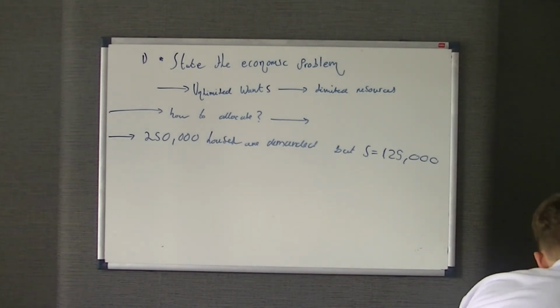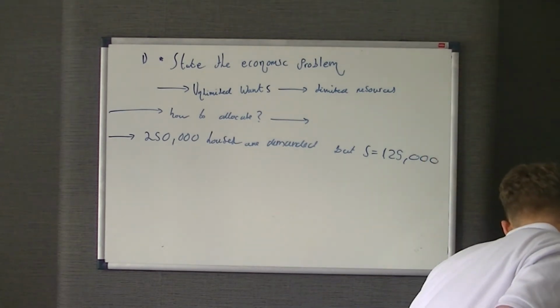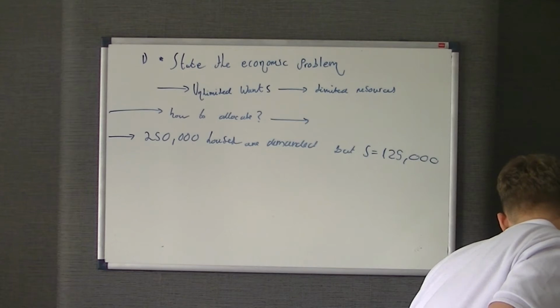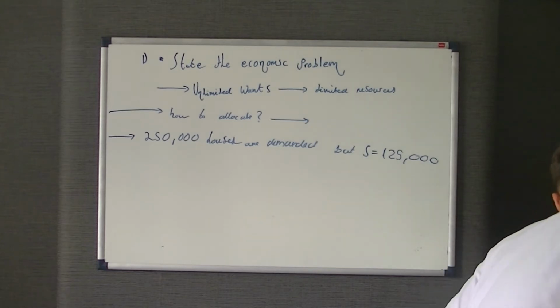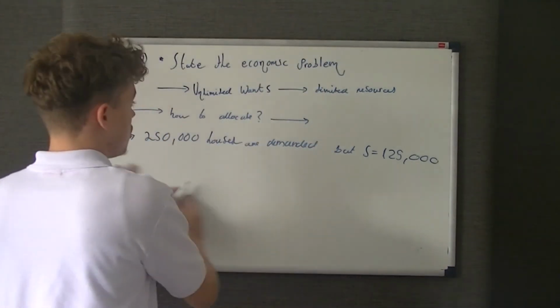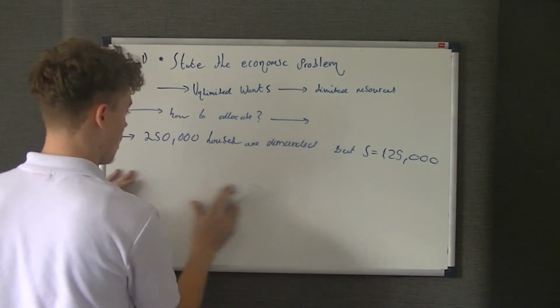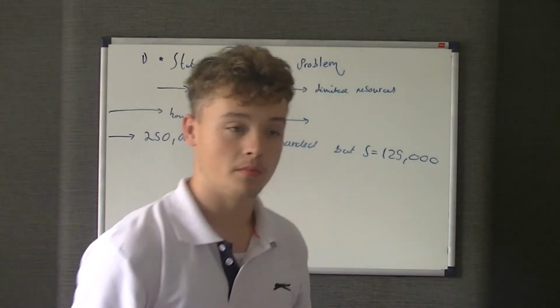And then it says in the mark scheme, people on low incomes have to decide whether they can purchase a house or not. Basically, they have to say, well, do we want a house or not? So that's the economic problem. So it's unlimited wants and limited resources. So the people who are not able to get a house say, well, what do we do?